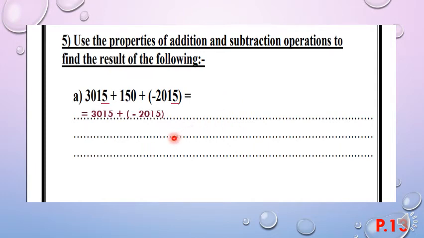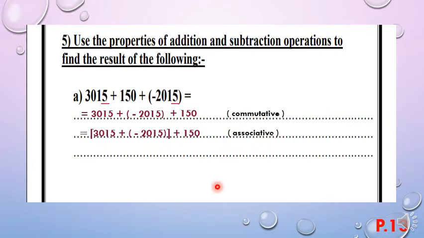So 3015 plus negative 2015 plus 150. When we switch the places, it's called what? Commutative. Now we need to put the two numbers which have family of 10 together. So here I'm going to put 3015 plus negative 2015 between brackets together, and I'm going to drop plus 150 in its place, and this is called what?